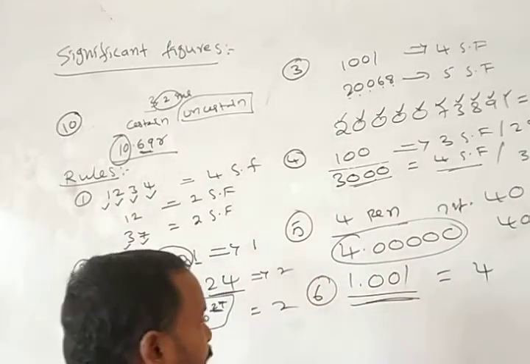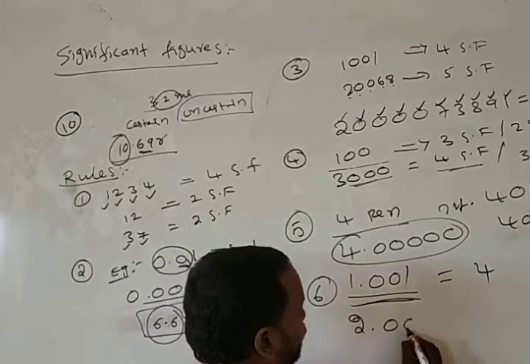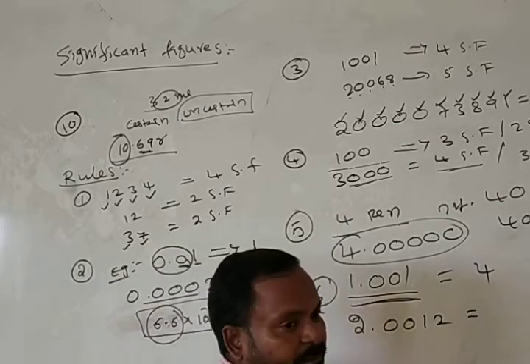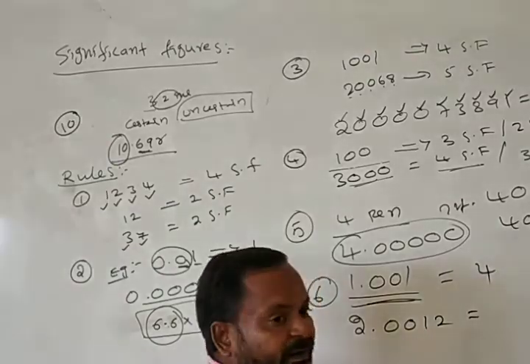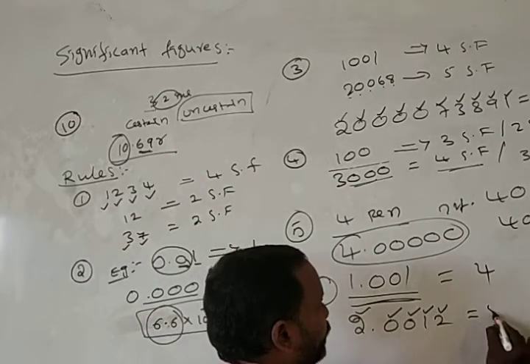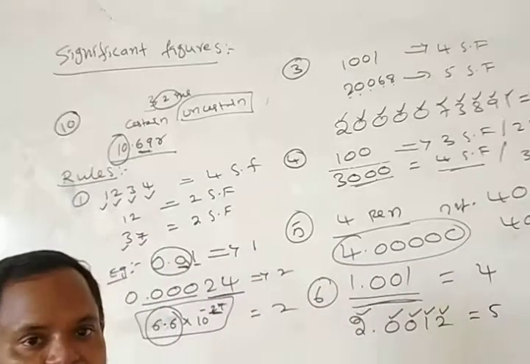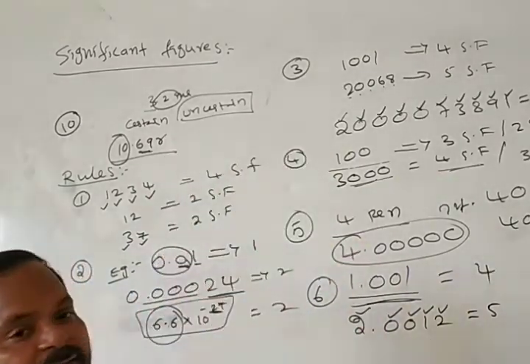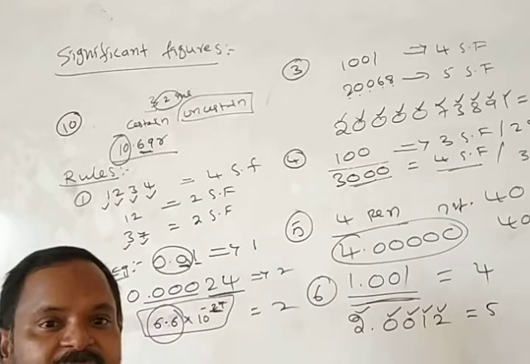Suppose, for example, 2.0012. How many significant figures are present here? 1, 2, 3, 4, 5 significant figures. These are the important rules for identifying significant figures.